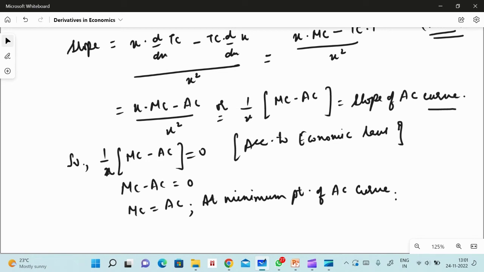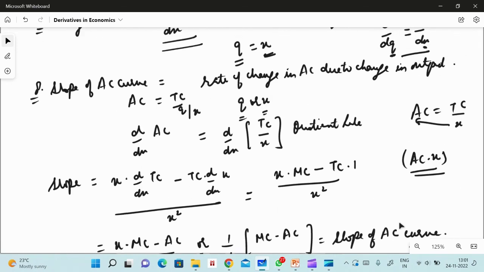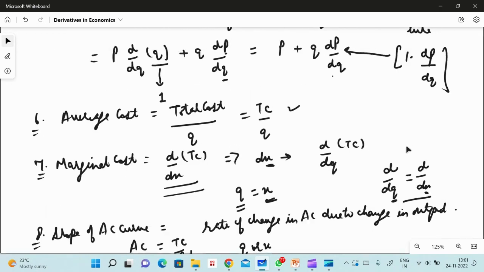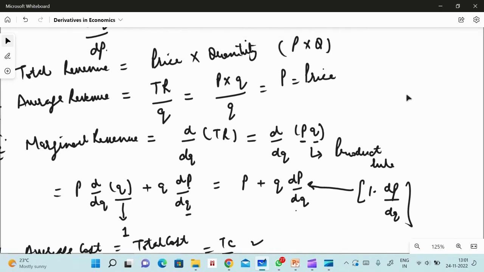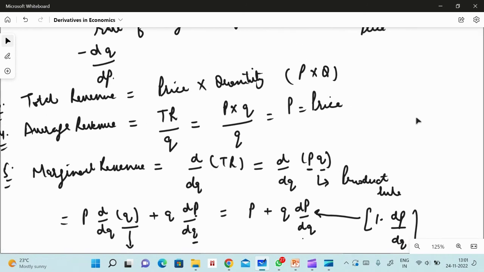In the same way, we can also show the relationship between the average revenue and marginal revenue. So let's go above. We have already written the formulas of average revenue, marginal revenue and total revenue.